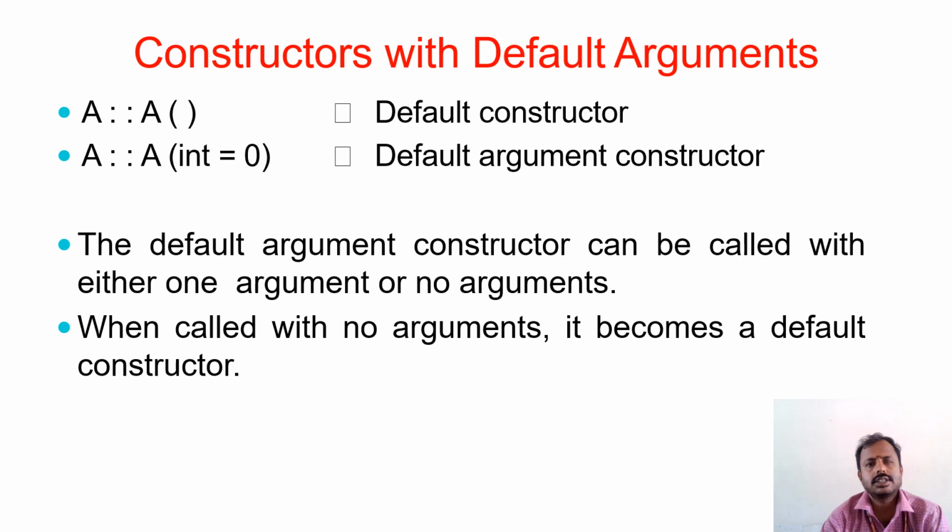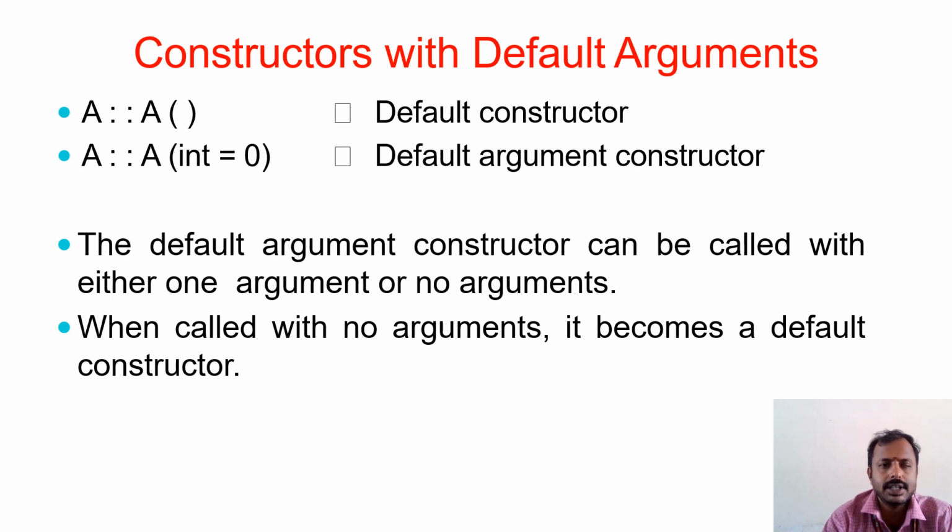Now we are going to explain how default arguments are used in constructors. So I have two constructors, meaning that the constructor is being overloaded. The first statement says that I do not pass any arguments. So this is a default constructor.